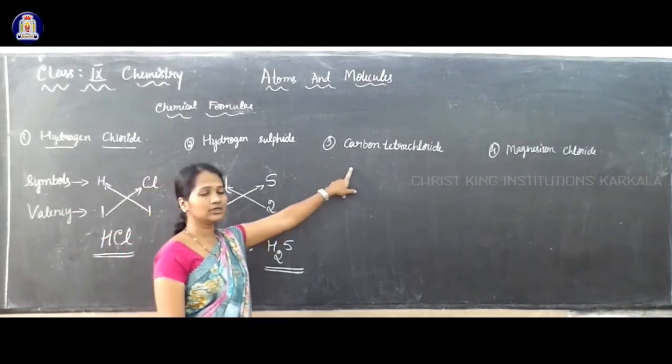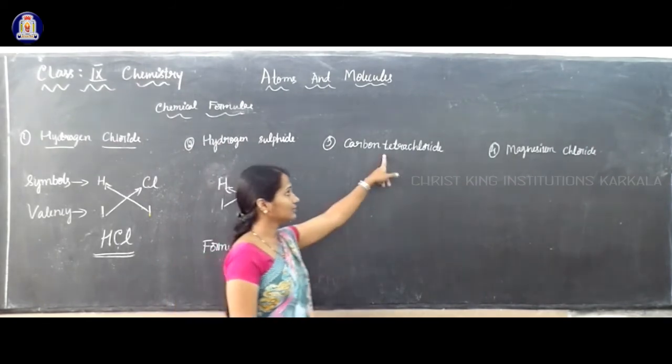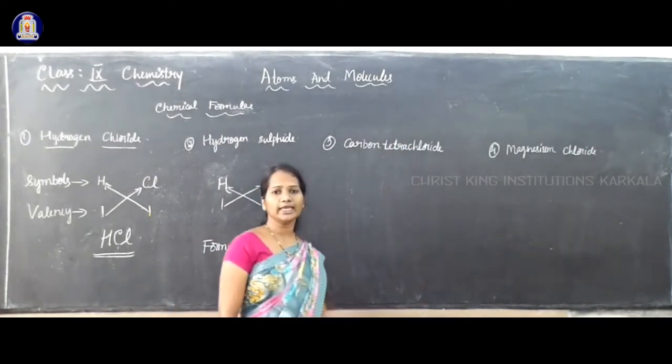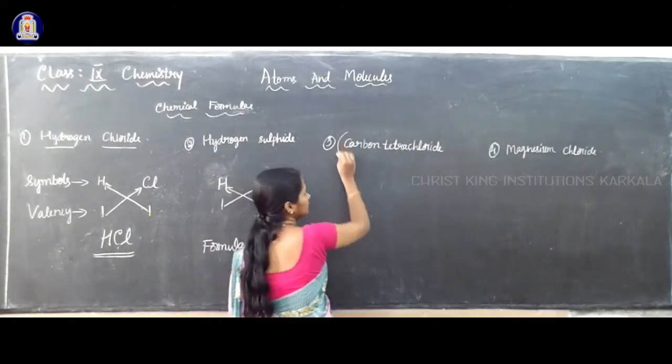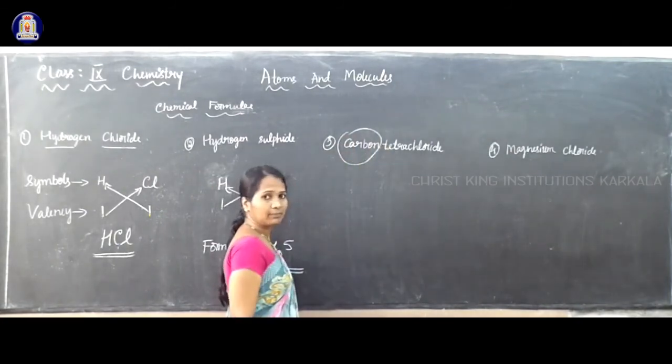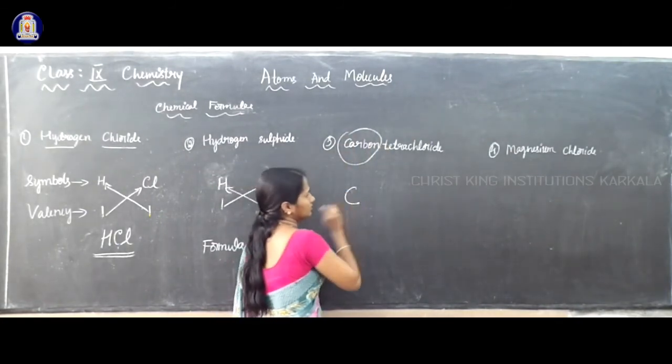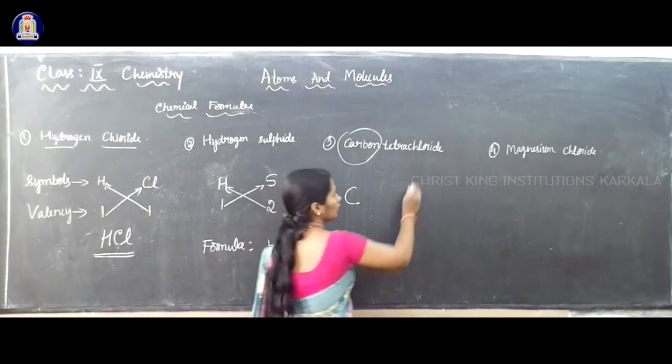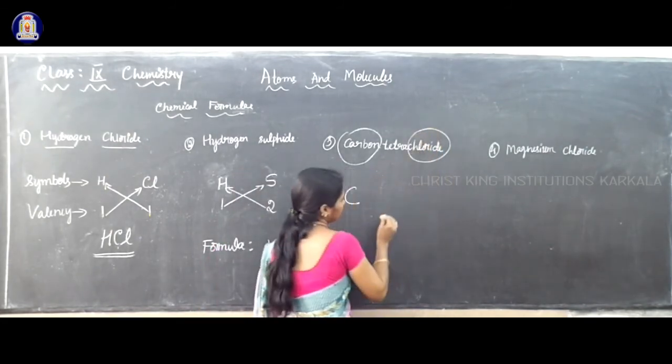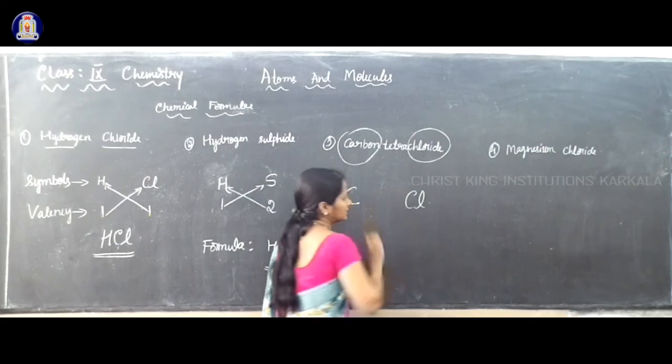Now move to the third compound, carbon tetrachloride. Two elements are present: carbon, represented as C, and chlorine, represented as Cl.